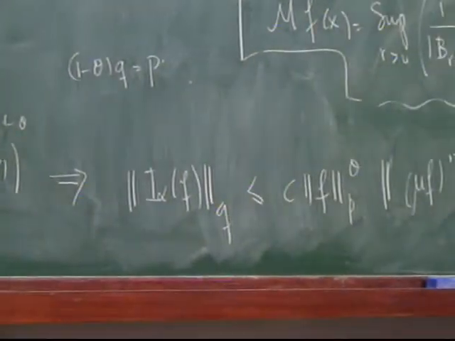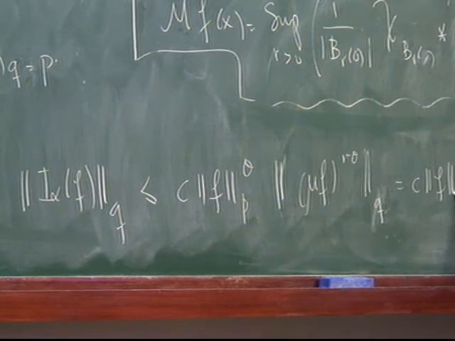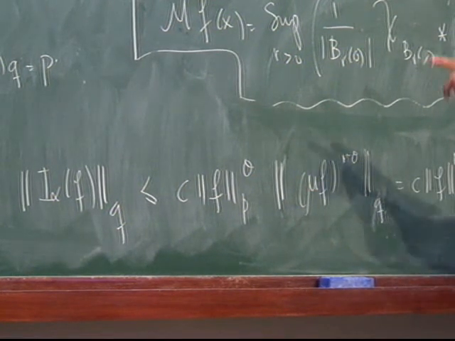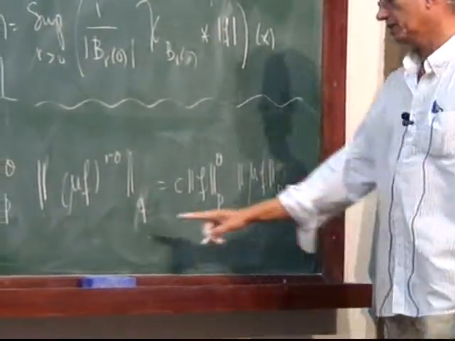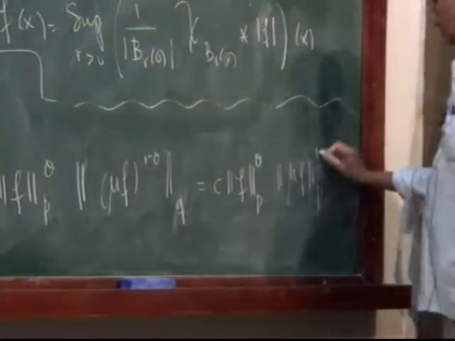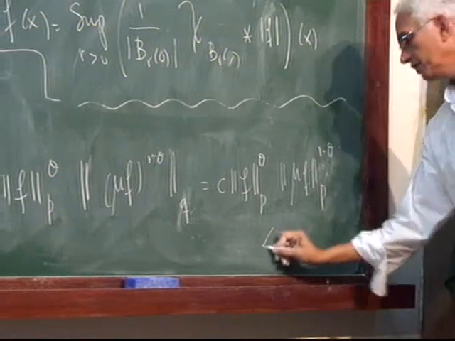This quantity gives you exactly the maximal function of f in the norm P, because this power with this one gives you P. But you have the continuity of the maximal function that gives you this.